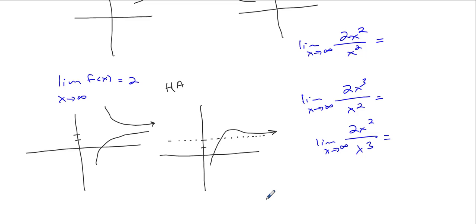It could. Does it have to? Can it cross a horizontal asymptote? What do you guys think? Anything can happen.